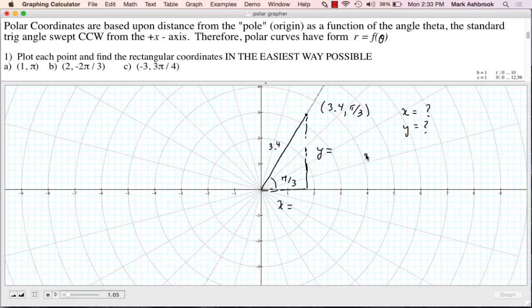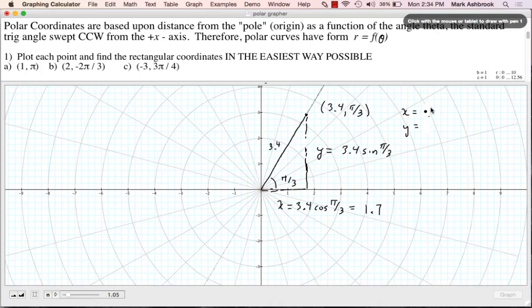X is 3.4 times cosine of pi over 3, which is 1/2, so this is 1.7. And then y is 3.4 times sine of pi over 3.